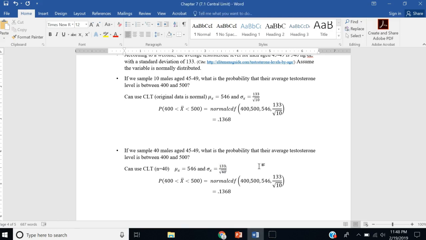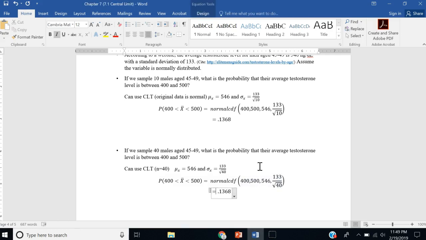Okay. So if I ask the same question about samples of size 40, what's the probability of getting that group having an average testosterone level between 400 and 500? All we would do is say, our lower bound is 400, upper bound is 500, my average is 576, and my standard deviation is now 133 divided by the square root of 40.